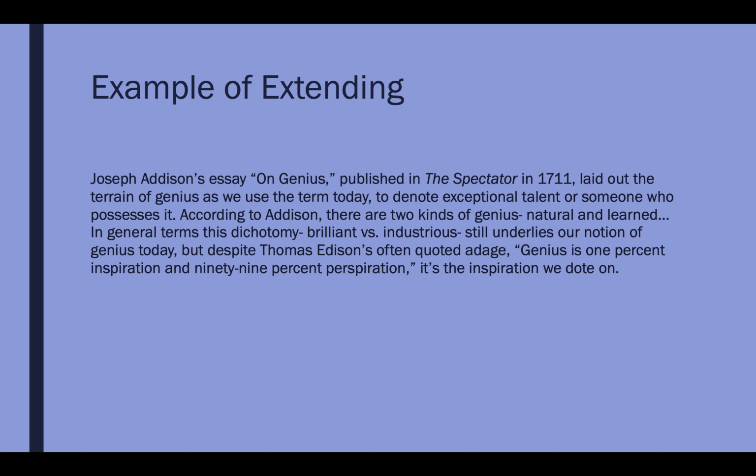But despite Thomas Edison's often quoted adage, genius is 1% inspiration and 99% perspiration, it's the inspiration we dote on. So here we are extending the definition of genius and what Addison talked about.